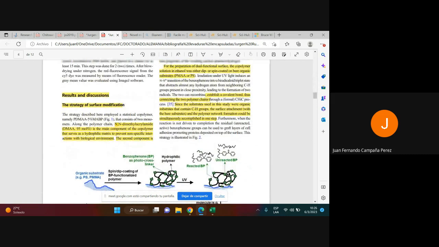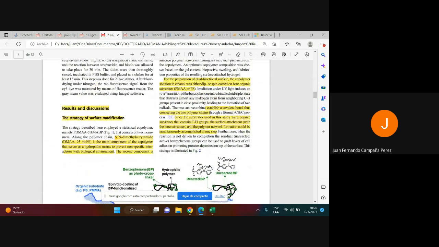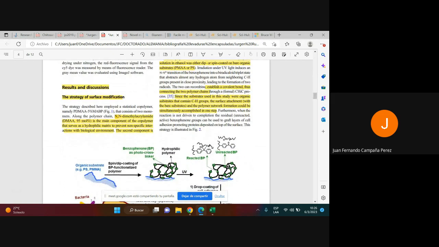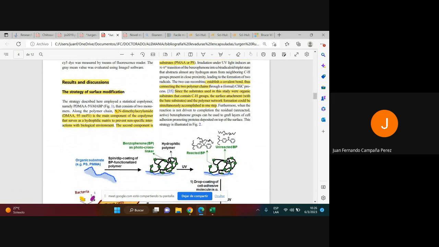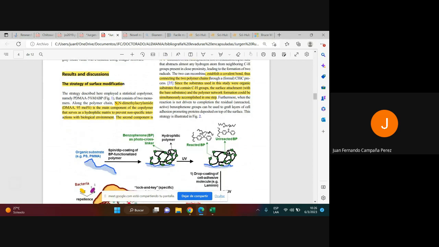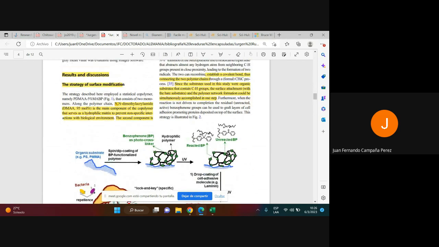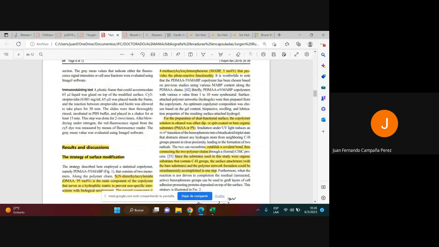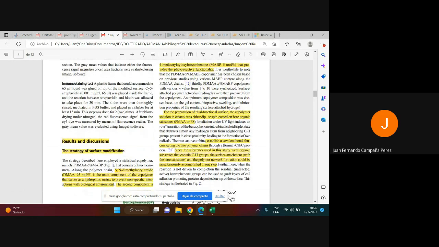In the results for the strategy of this surface modification, DMAA, the polymer that was the main component of this copolymer, serves as a hydrophilic matrix to prevent non-specific interactions with the biological environment. The second component was another polymer, MABP, which provides the photoreactive functionality.